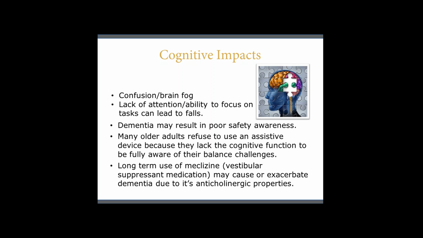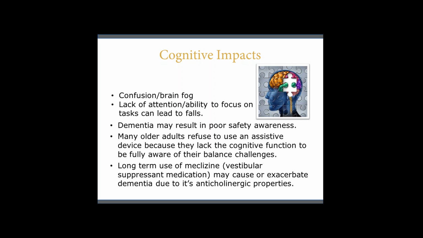And the other important point that I want to make here is the last bullet on this slide, which is that the vestibular suppressant medication, meclizine, in the short term can cause drowsiness and blurry vision, which can contribute to more falls in older adults.